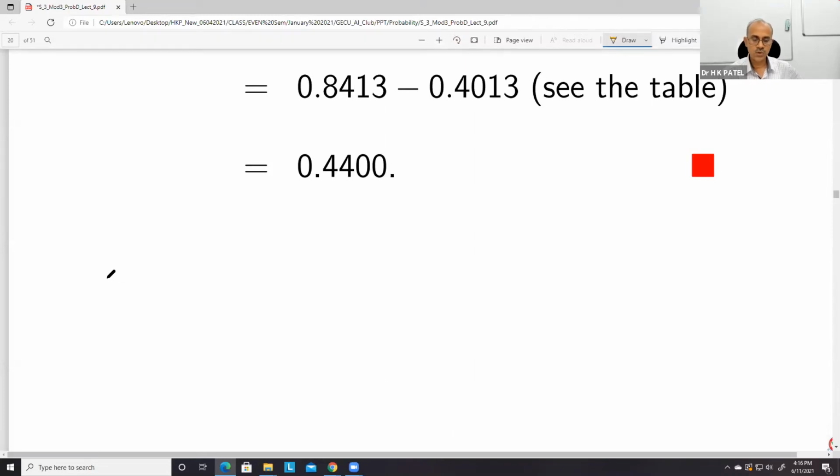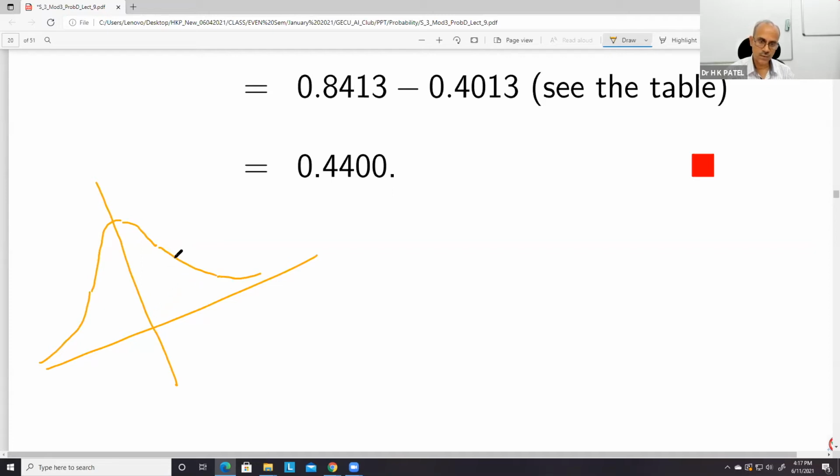In most of the Indian books, you will find this table. Table is slightly different than the table I have shown here. Okay, so in these books, what they have given are values for this value.